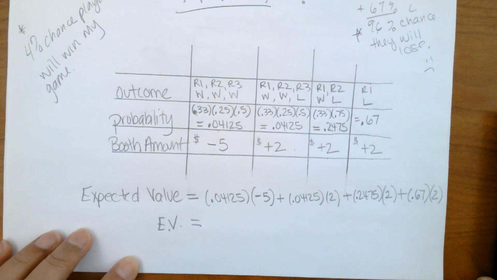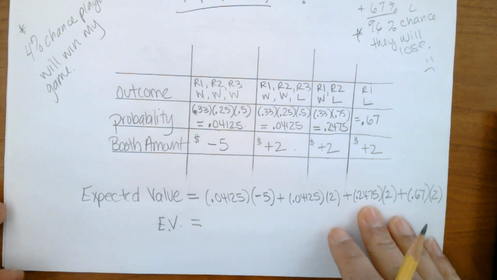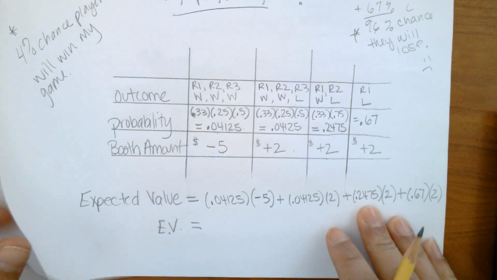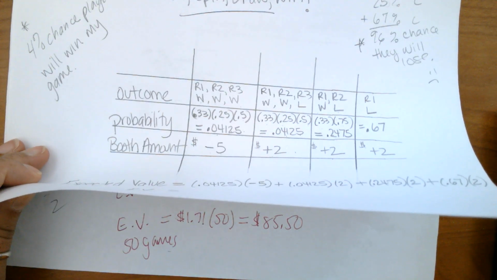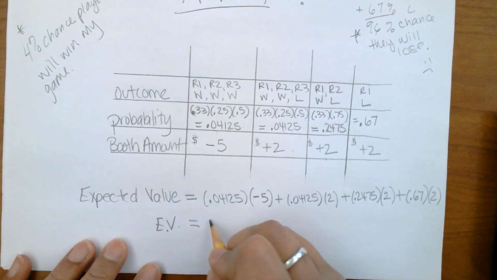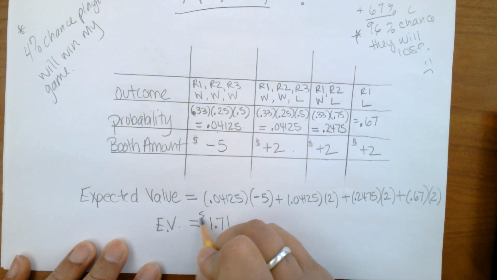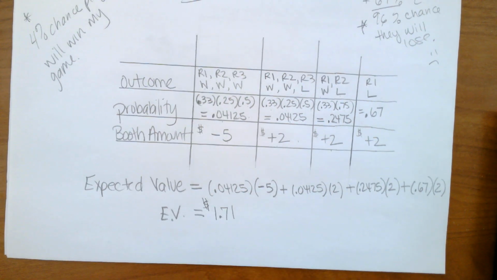I'm going to take out my calculator, multiply it all out and add it. I actually think I have the expected value. It is 1.71. So $1.71.